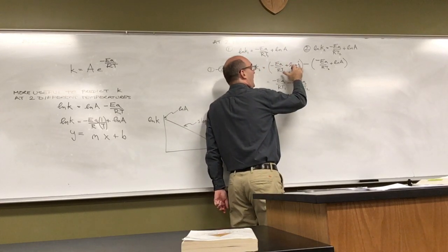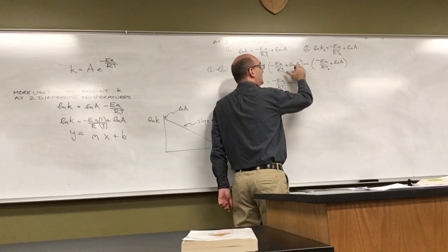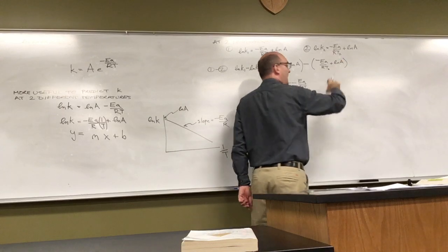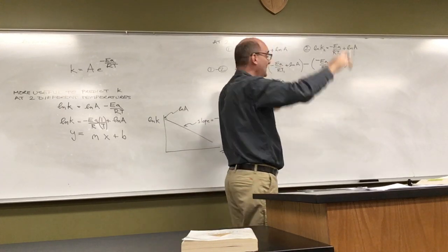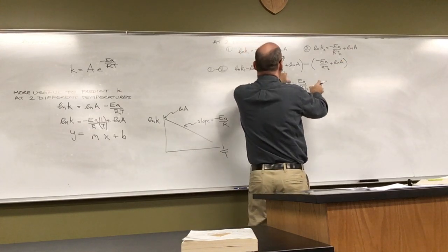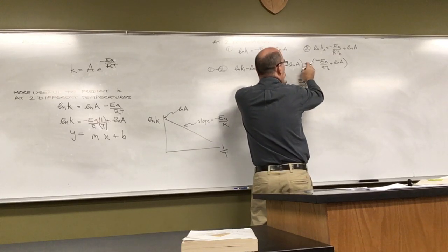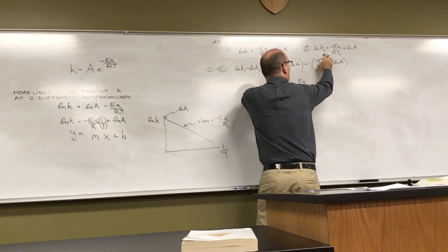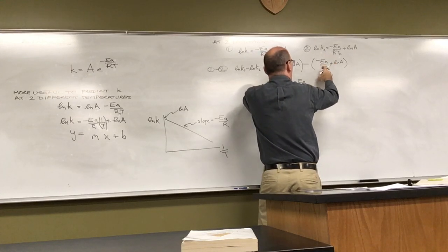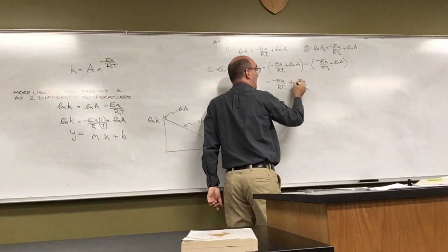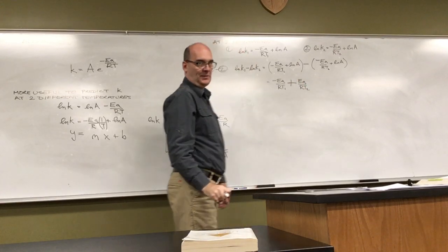This term, ln of the frequency factor, minus the natural log of the frequency factor, they're cancelled. The negative EA over RT1 minus EA over RT2, a minus of a minus gives me a plus. So I'm going to put a plus term in there now.